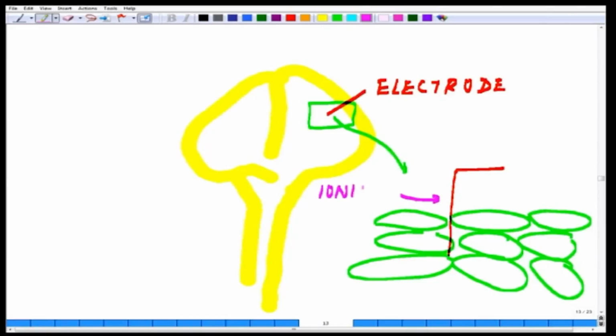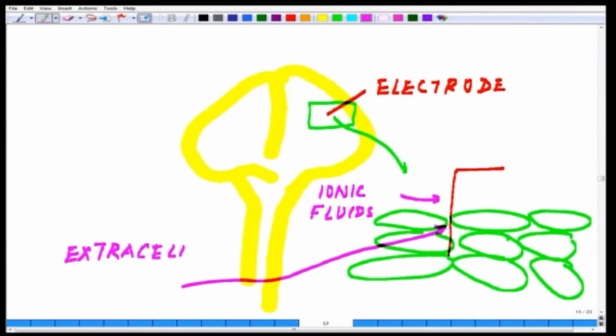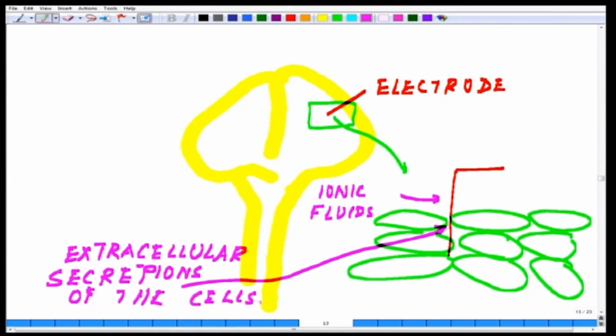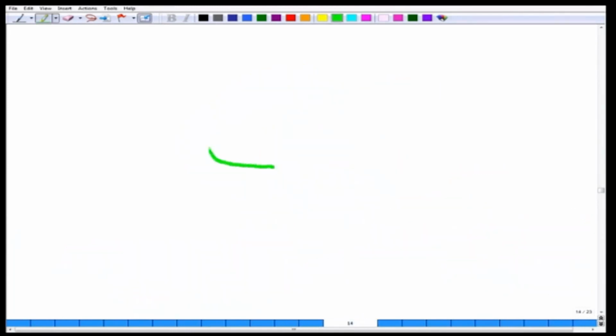Now this electrode which is sitting here is experiencing all the ionic fluids and the extracellular secretions of the cells. What we really mean by extracellular secretion is, say for example, this is your cell and this is your electrode.